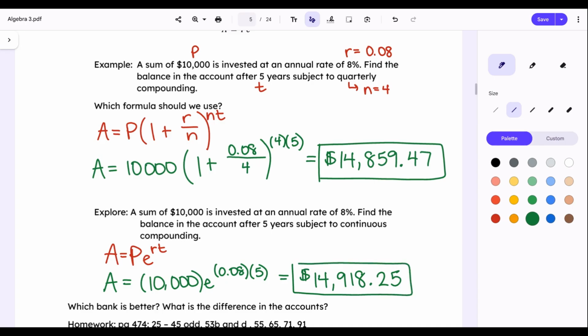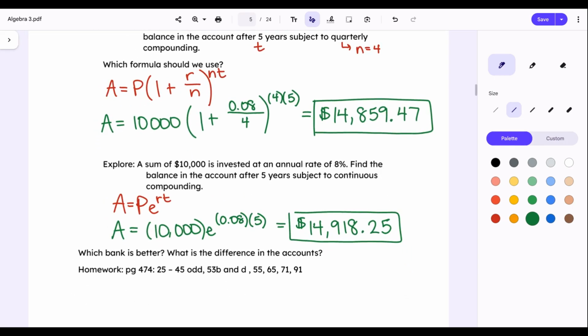Okay, there's one last little follow-up question. Which bank is better? What is the difference in the accounts? So if you're looking at these two amounts, which one would you want to put your money in if you wanted to get more? Yeah, the second one, right? Because it's got more money in it after. So I would say the second bank.